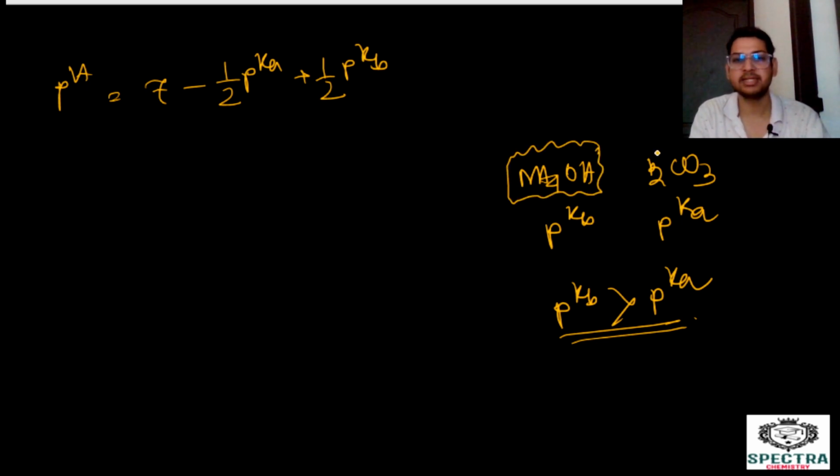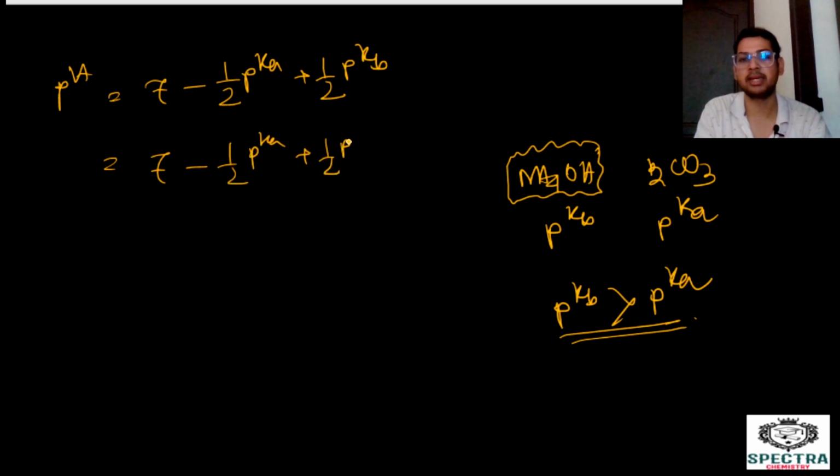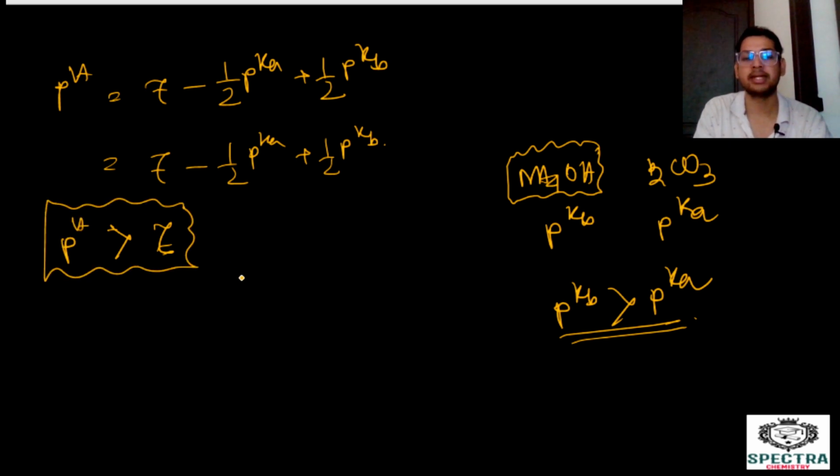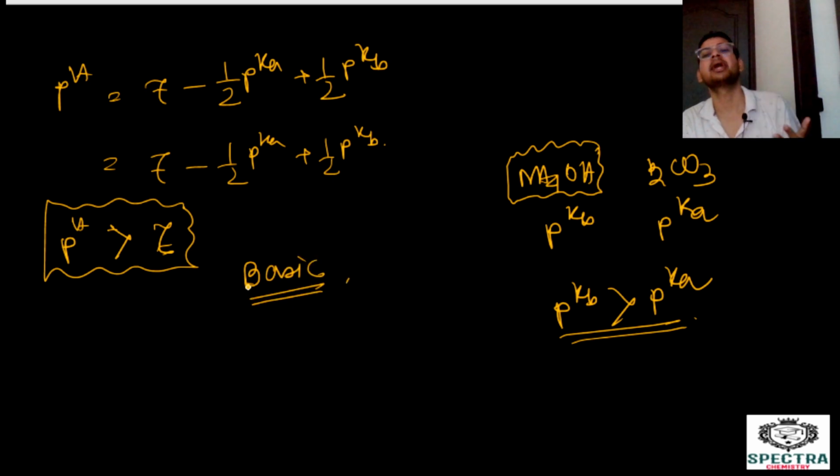So if this is the case, then 7 minus half pKa plus half pKb will be slightly greater than 7. This pH value will be slightly greater than 7. So as a whole, the solution will be slightly basic.